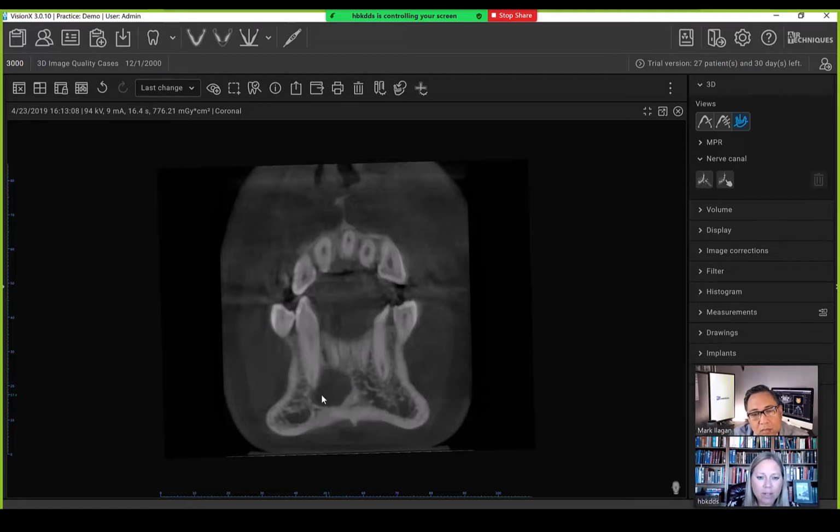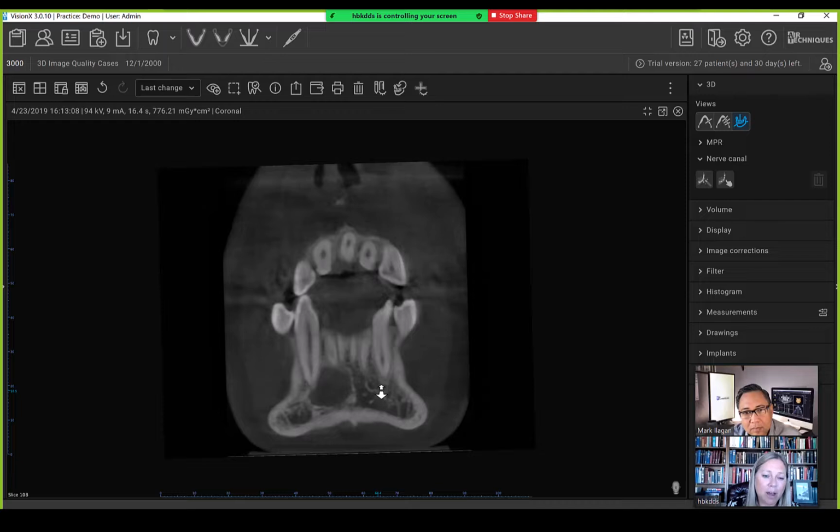Now, it's not necessarily corticated. I would say that it has kind of a delicate margin, or we might say it's partially corticated. We like the word partial because then you're kind of hedging a little bit. So what does it mean when it's corticated? That means that the body has walled that off, and you get this white line around it.